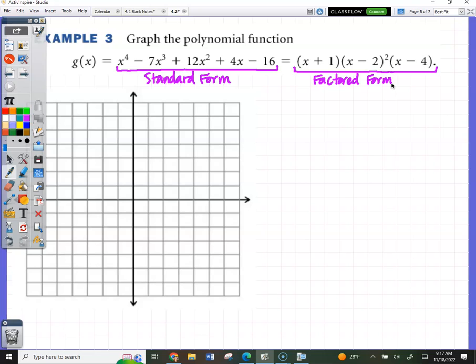So from the factored form, you can see exactly where it's crossing the x-axis, because if you think about it, those are the zeros that would come out of it.